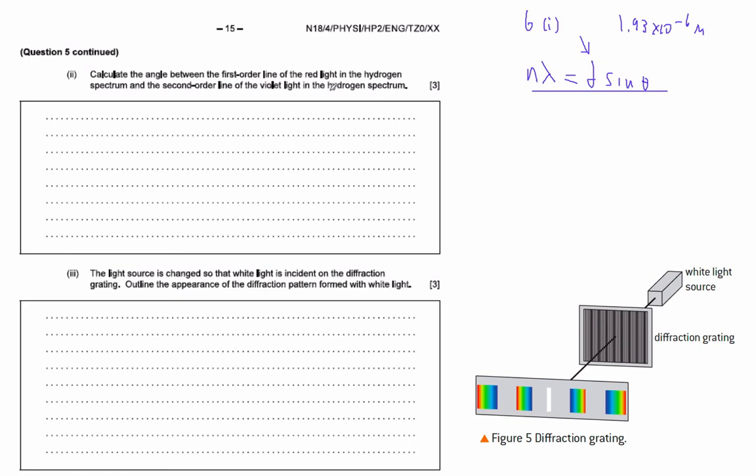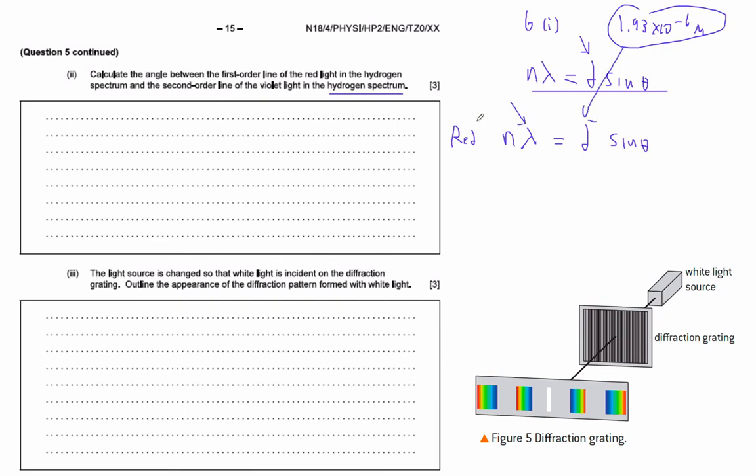Notice that it's the hydrogen spectrum that you're using, so use the lines for the hydrogen spectrum and not those for the deuterium spectrum. Then you're just going to plug that in. You're going to do two calculations. For the red line, n lambda is d sine theta. d is going to be this.